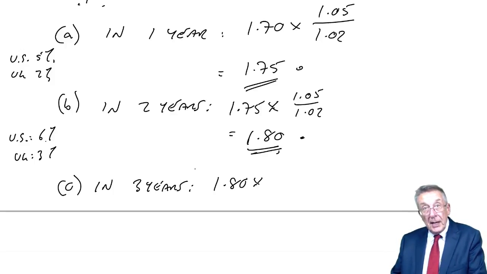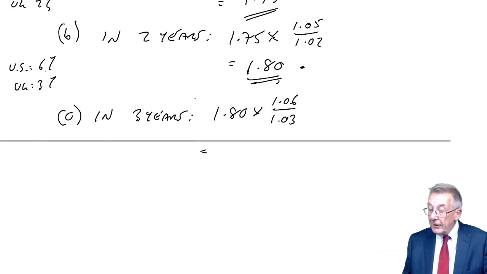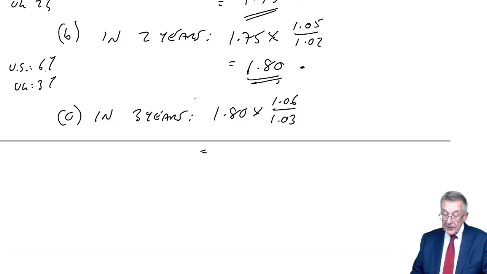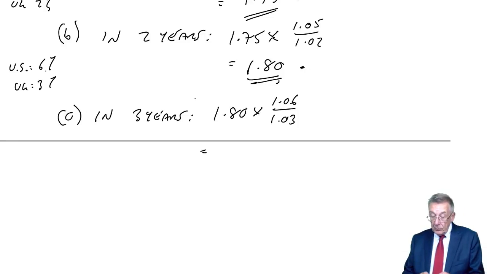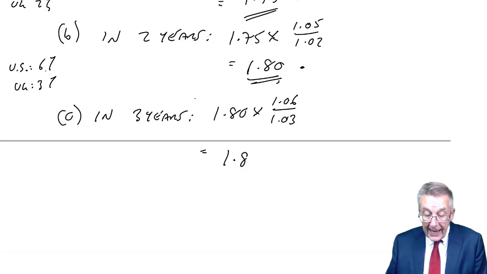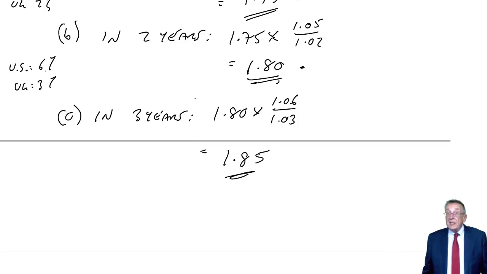Multiply by 1 plus the foreign inflation, divided by 1 plus the base country inflation, and what do we get? 1.8 times 1.06 divided by 1.03, 1.85.